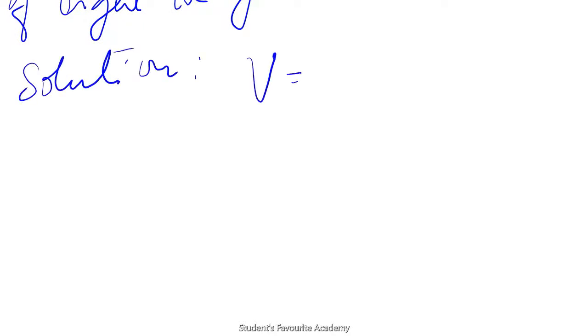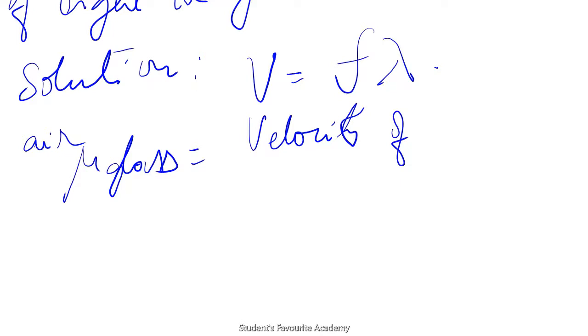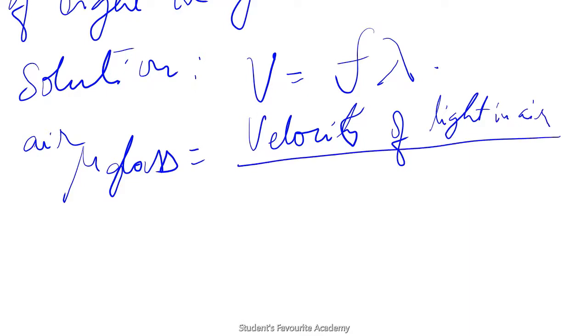Now here we know velocity is equal to f lambda. Now mu of glass with respect to air is equal to velocity of light in air upon velocity in glass.